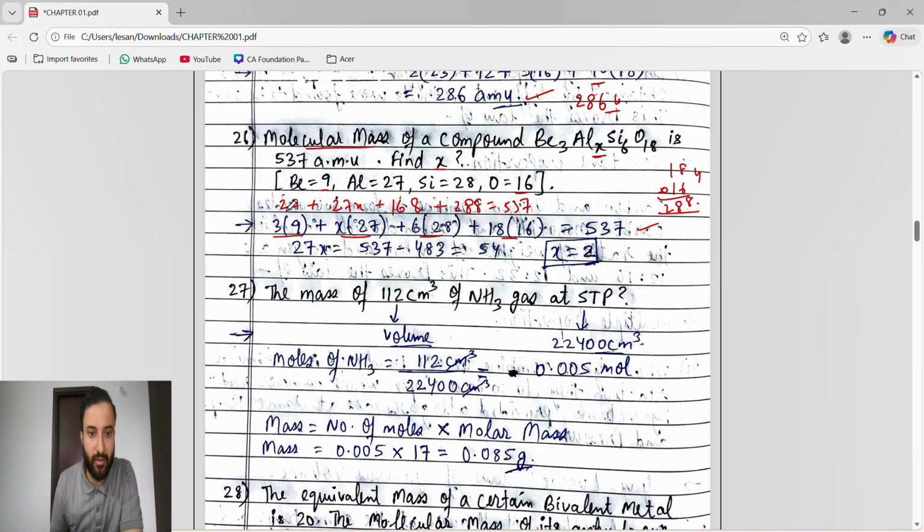What we will do is add 27 plus 168 plus 288. We are going to get 483.